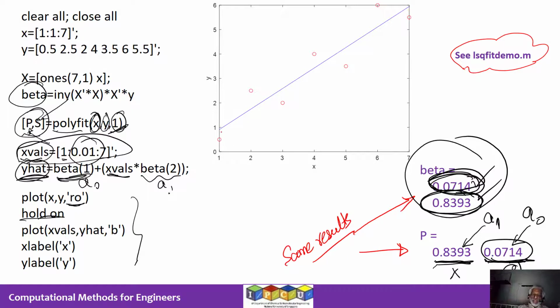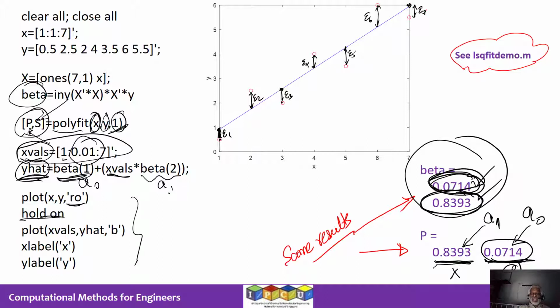Now please note this distance from the line to the data point, this is epsilon 1. This is epsilon 2. This height from the line to the data point is epsilon 3. This is epsilon 4. This is epsilon 5, this height. This is epsilon 6. This is epsilon 7, this gap.